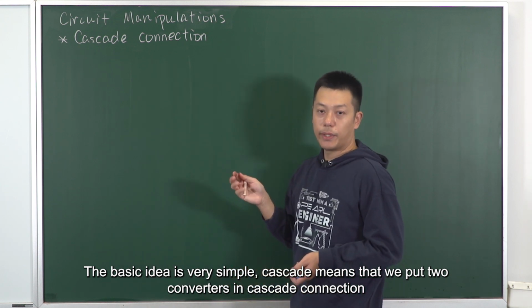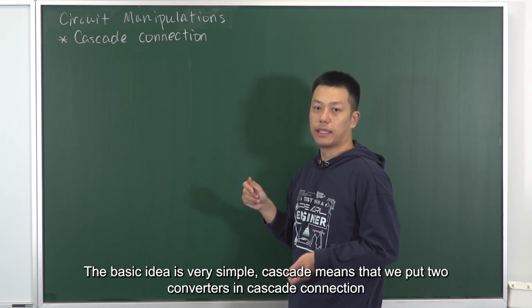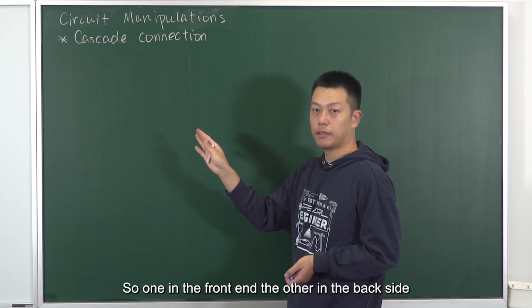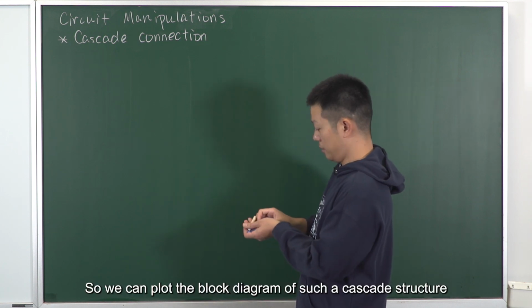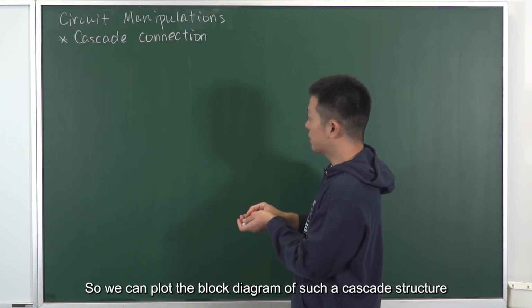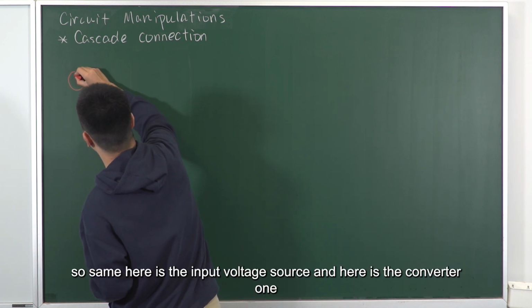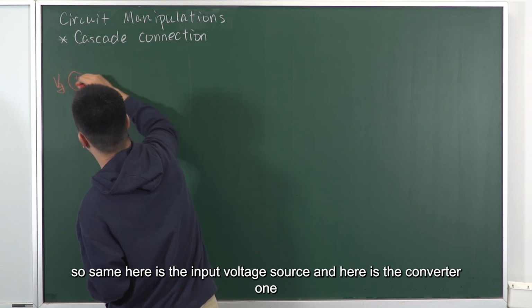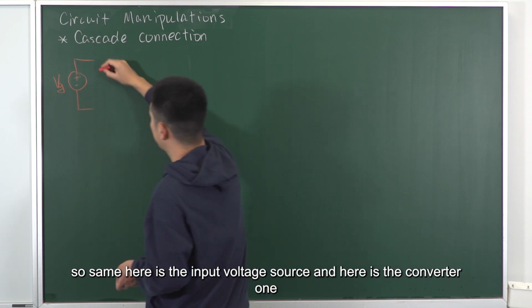Cascade means that we put two converters in cascade connection. So one in the front end, the other in the back side. So we can plot the block diagram of such a cascade structure. So same here is the input voltage source. And here is the converter 1.